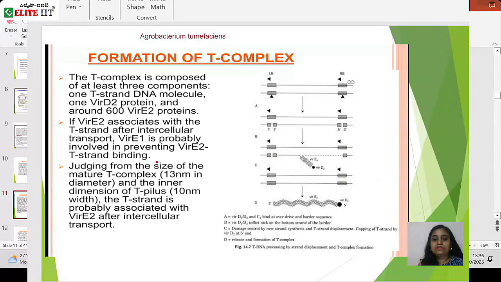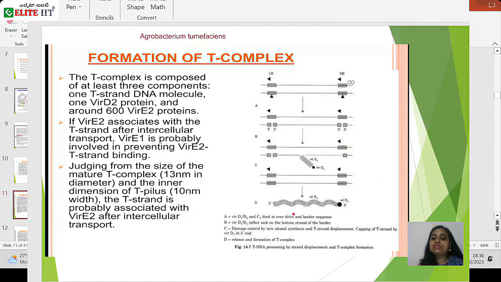It is preventing VirE2 and T strand binding, so that the single strand will be independent. Now, judging from the size of the mature T complex and the inner diameter of the T pilus, the T strand is probably associated with VirE2 after intercellular transport.